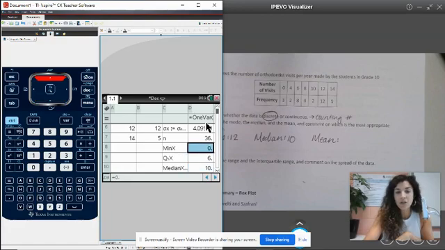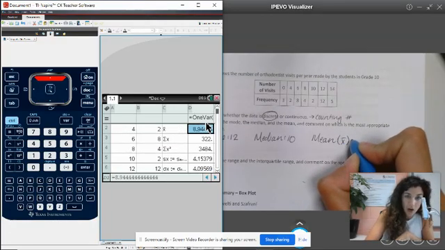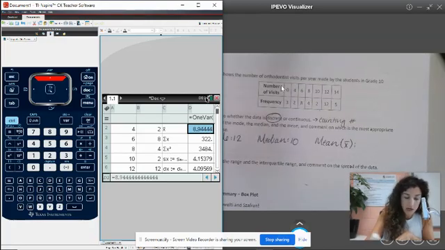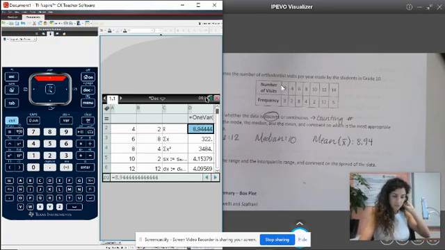And then your mean is also given to you at the very top. Remember that your mean is this x with a bar above it, and it is 8.94. Okay, so about 9.